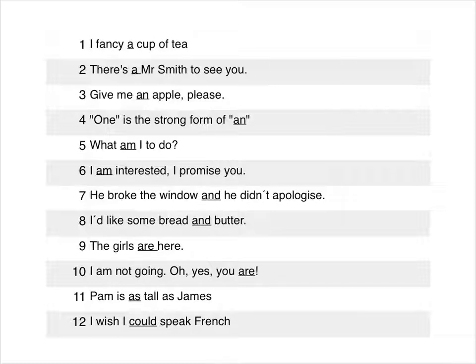And then, if it's a strong form, think of the reasons why. Most of them will be weak, but some of them may be strong. So when you find a strong version, try and think of the reason why she's using it. Okay?